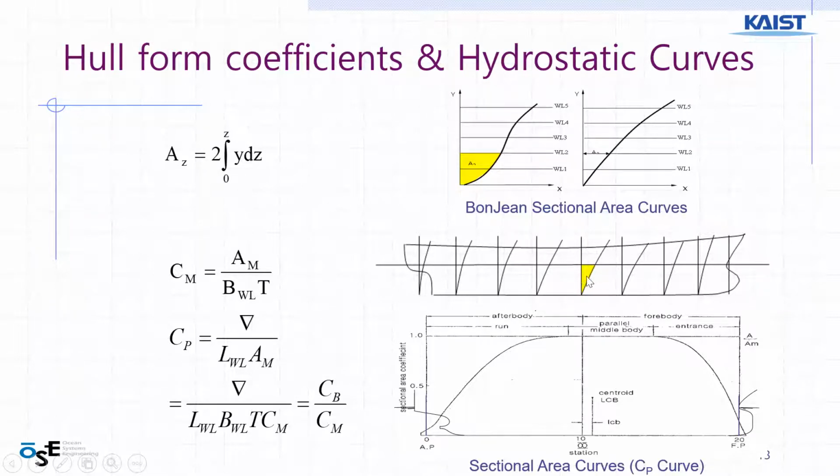So for each section you draw this kind of curve, depending on the draft line, the submergence. For the water line you can calculate the area, right? Area at water line 1, 0.5, 1.5, 2, 3, and 4. Below the water line curve, you can calculate the area. Then you can draw this kind of curve for each station.